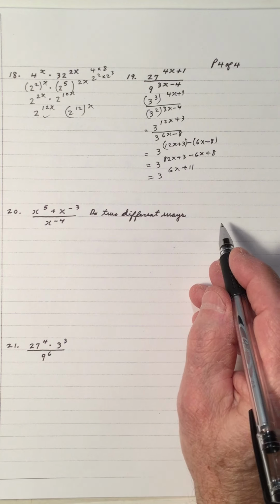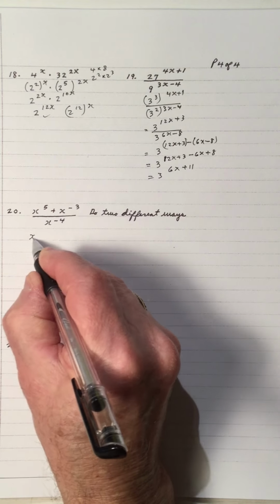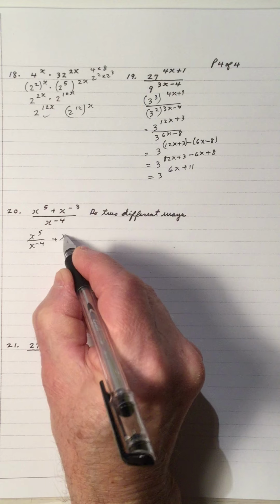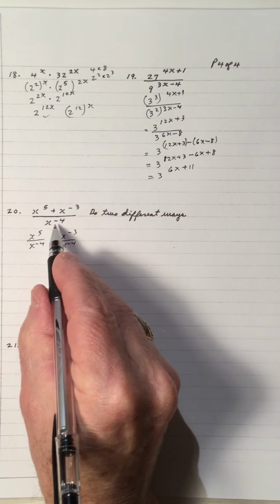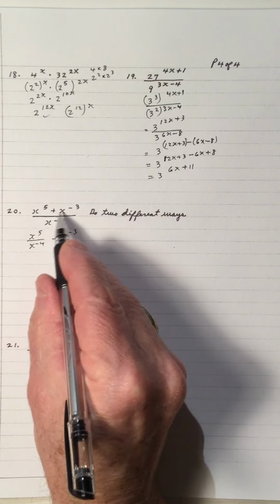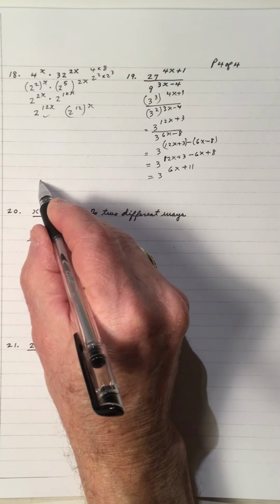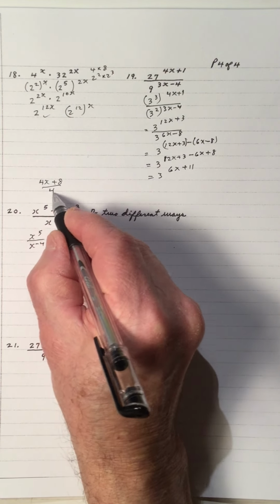Now I'm going to do this one in 2 ways. One way would be to do this. So x to the negative 4 is divided into both of these. That's like having 4x plus 8 over 4.